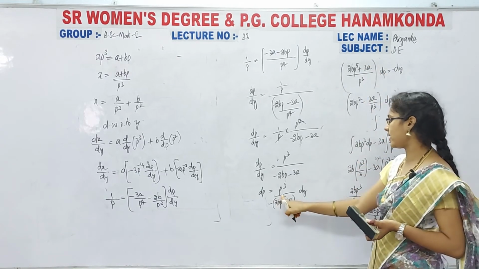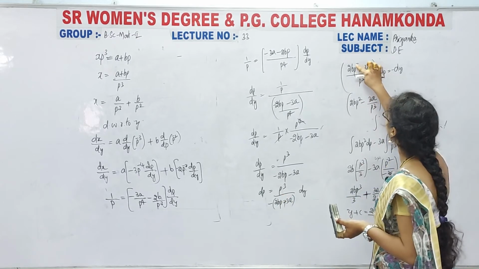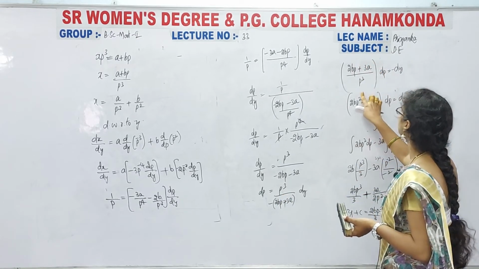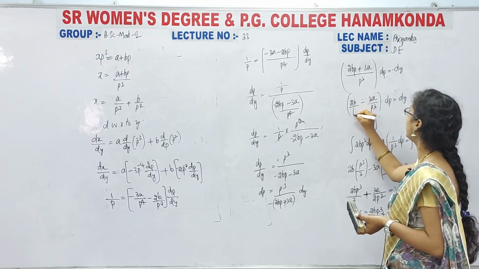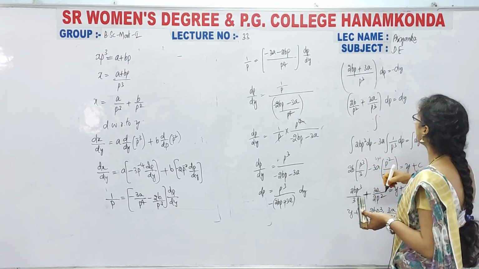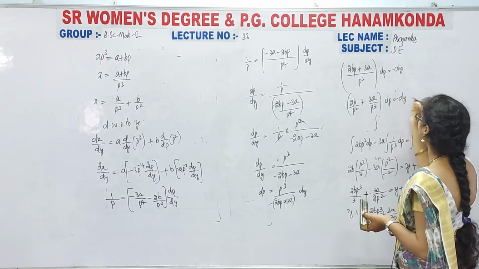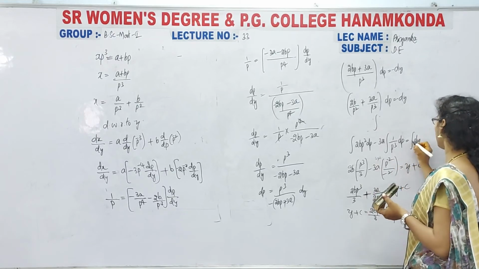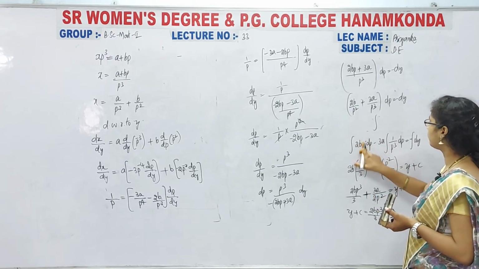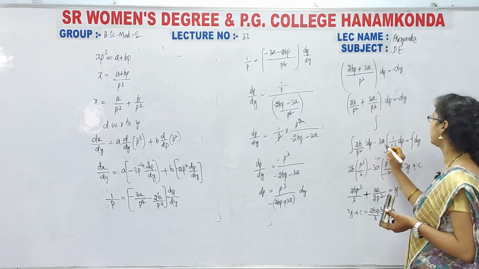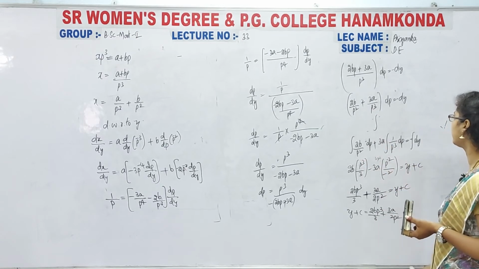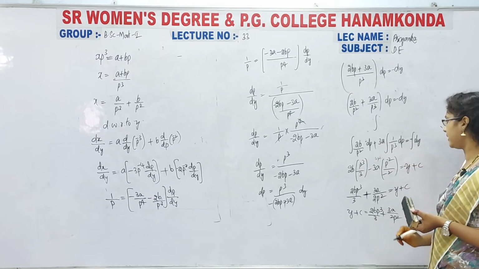I just took this value and here it is nothing but p only. So now it is nothing but 2b by p square plus 3a by p cube dp. Here it is minus dy. So here also minus, and here what we get by p square 3a, yes correct, it is nothing but plus, and minus y.